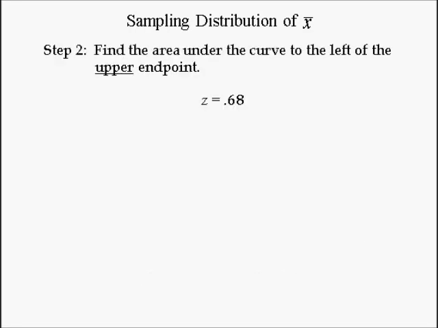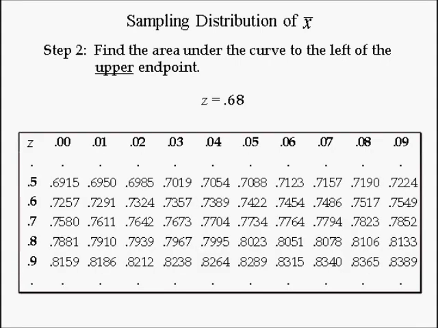In step 2, we find the area under the normal curve to the right of the upper endpoint with a z-value of 0.68. We can use the standard normal table because the SAT scores are considered to be normally distributed. The probability of being less than or equal to 0.68 is found by going to row 0.6 and column 08.